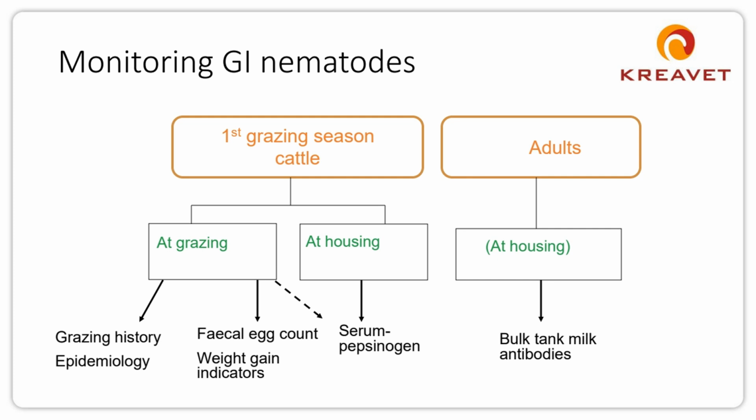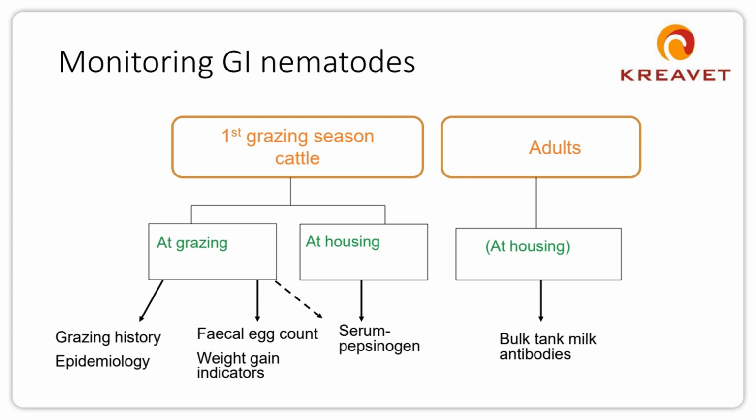Already it can give you a lot of information, and often can be enough information to define a good strategy. If we want more information, we can perform fecal counts during the grazing season, or we can use weight gain indicators to detect the low performing cattle.